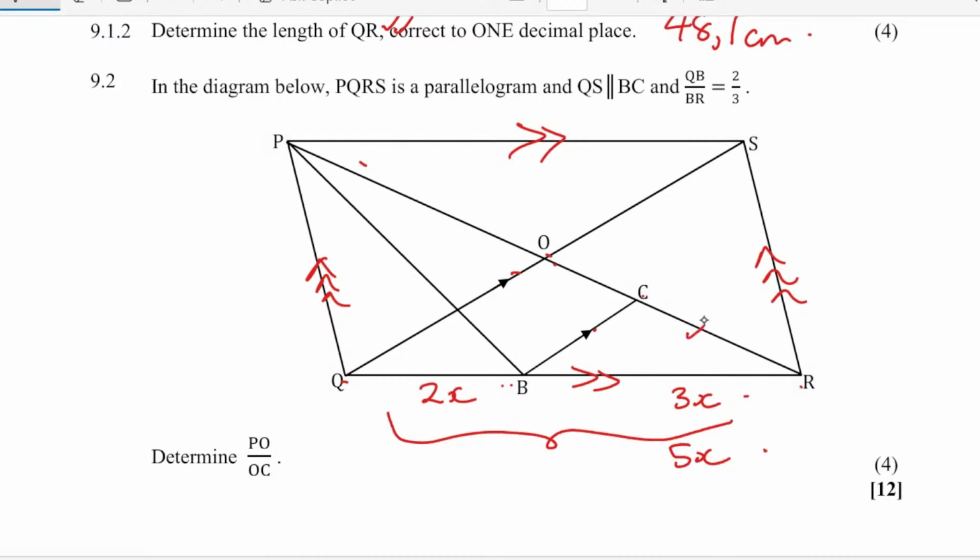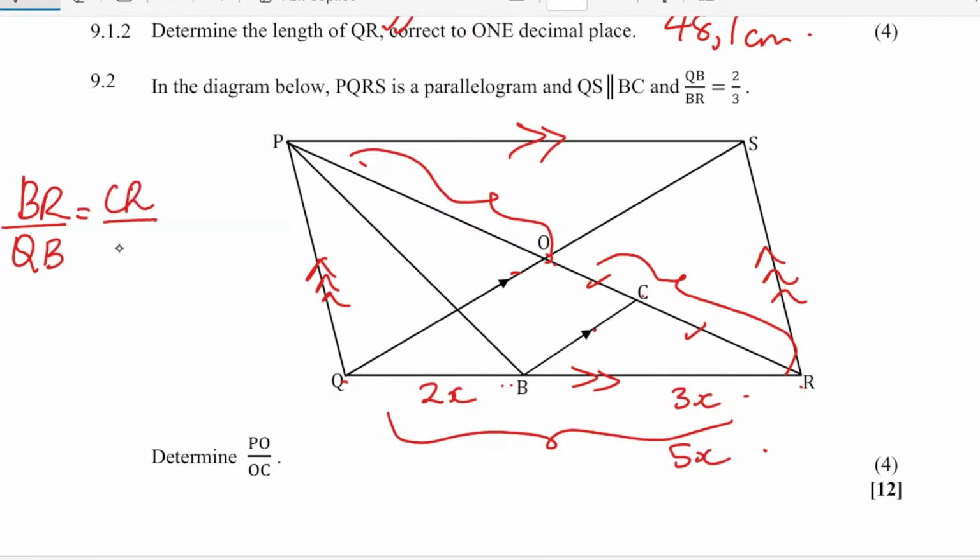Which means I can relate this to this. And the whole of this is also going to be the whole of that, because diagonals bisect. So I can say that BR over QB should be the same as CR over OC.